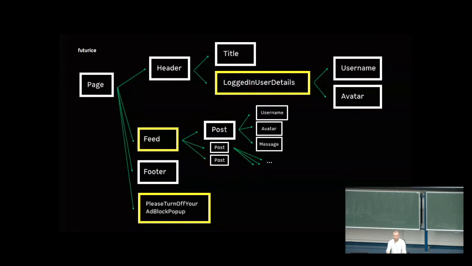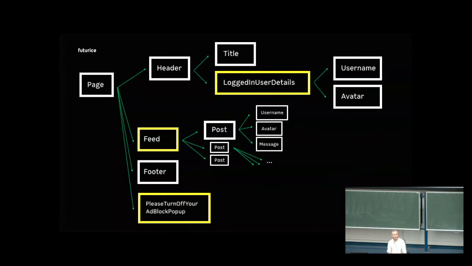And when you build trees of components like this, the yellow ones here could be the ones with some state in them. So you start building a huge tree of components. Some of them will be stateful, some of them not. And what it means in practice is that sometimes things happen in your application and you're not entirely sure why that is.